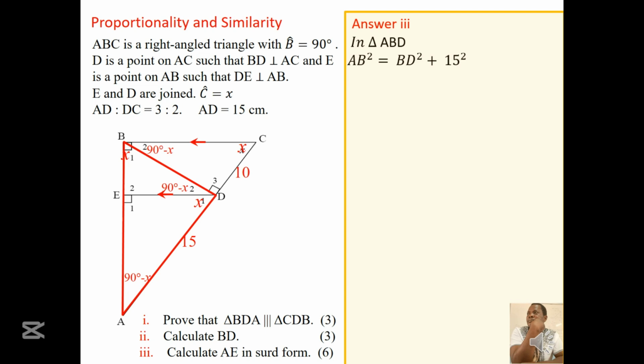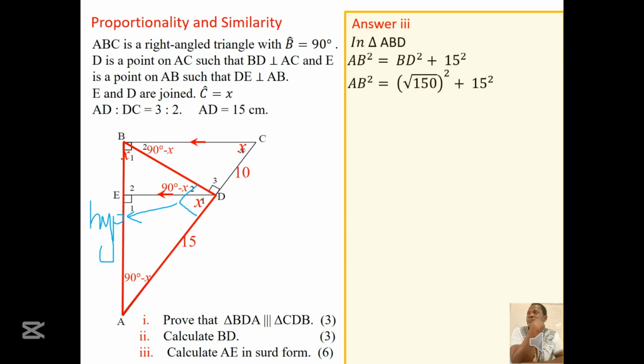So in that triangle, we have to find the value of AB. So AB squared, if you look at the diagram properly, triangle ABD, we notice that the right angle in this triangle is at point D. So this is our right angle. Therefore, opposite the right angle is where we find the hypotenuse of the triangle. Therefore, we can say that AB squared is equal to BD squared plus 15 squared.